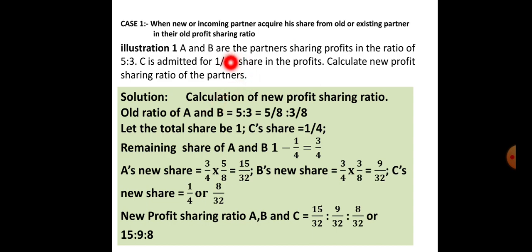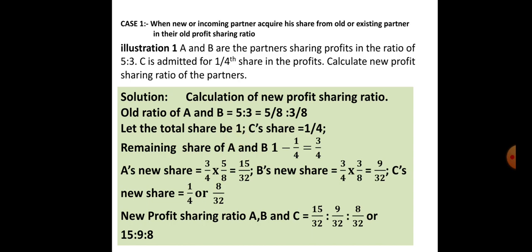So how do we calculate the new profit sharing ratio in the present case? First of all, we decide what share C is going to take from the partnership. This is 1/4. If 1/4 is given to C, then the remaining share would be 3/4, as we all know that the total share is 1.